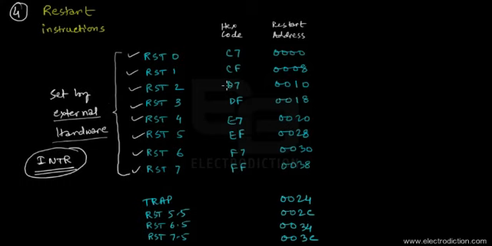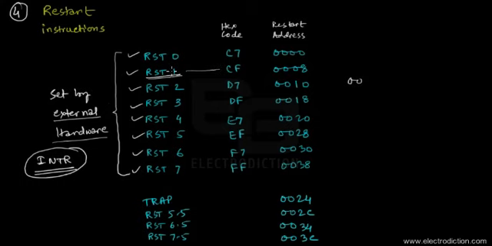Whenever a particular RST instruction is acknowledged by the 8085 microprocessor, the program control gets transferred to one of the restart memory addresses, as you can see here on page 00, depending upon the corresponding RST instruction received. Let's say the external hardware sets the RST 1 instruction on the INTR pin.